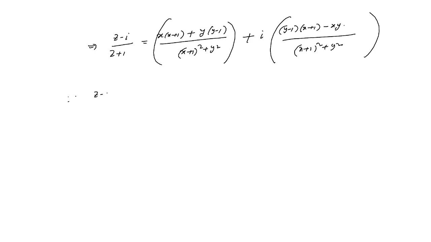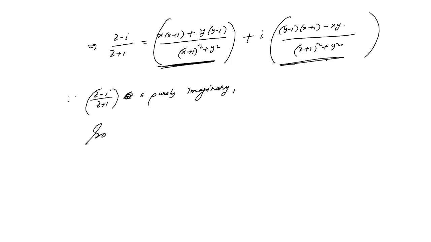Now it is given that (Z minus i) by (Z plus 1) is purely imaginary. So this is the real part and this is the imaginary part. So the real part of (Z minus i) by (Z plus 1) will be 0.